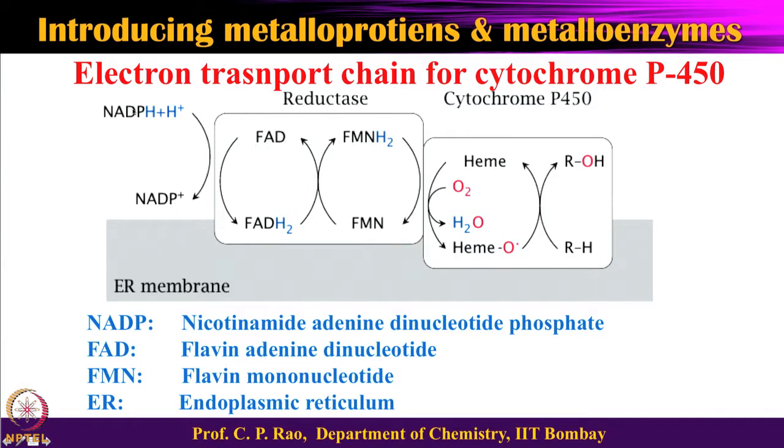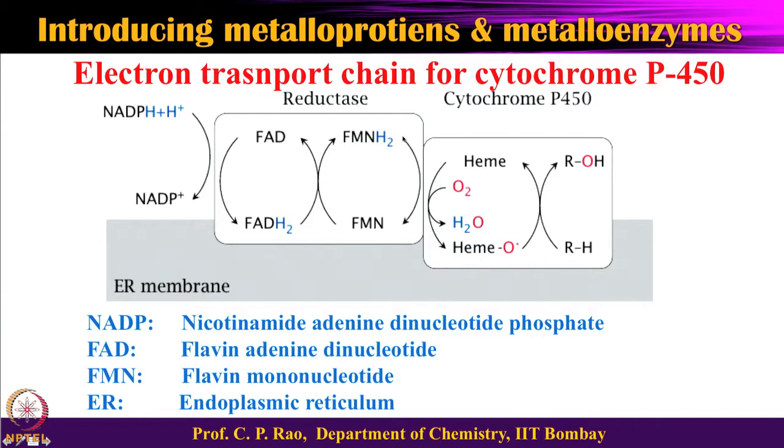When NADPH oxidizes to NADP plus, it will release electrons. This electron will convert FAD, the oxidized form, into FADH2, the reduced form. When this reduced flavin adenine dinucleotide turns back to oxidized, it gives an electron, and that electron will convert the flavin mononucleotide into its reduced form.